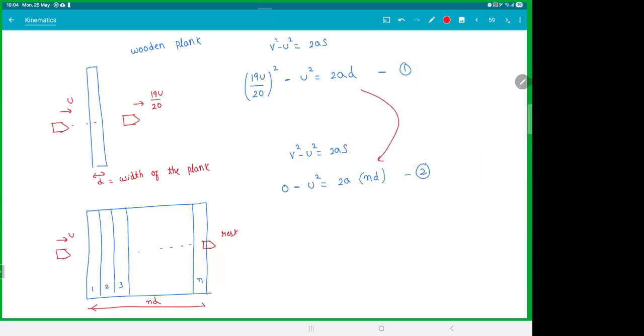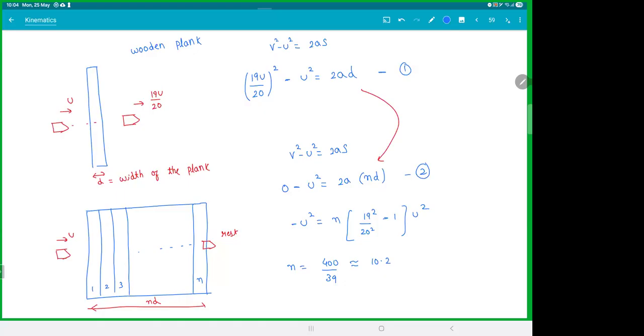Take this 2ad and dump it in equation 2. So this would be minus u square. This is n times 2ad, which will be 19 square by 20 square minus 1 into u square. u square will cancel, n will be 400 by 39. This comes to around 10.2 something. So what is the meaning of this? We need 10 planks plus a 1/4 of a plank to stop.